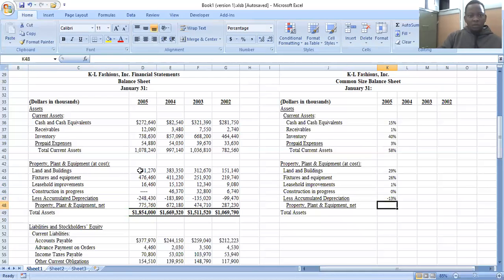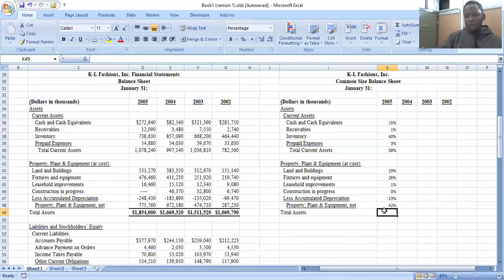And then the total of fixed assets, that is 775,760. The ratio for total fixed assets is 775 divided by 1.854, which gives us 42%.